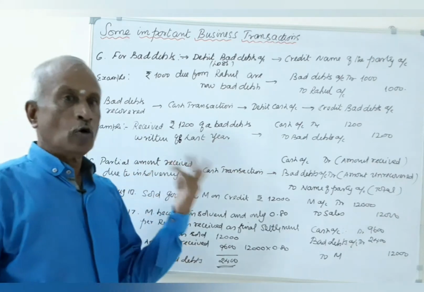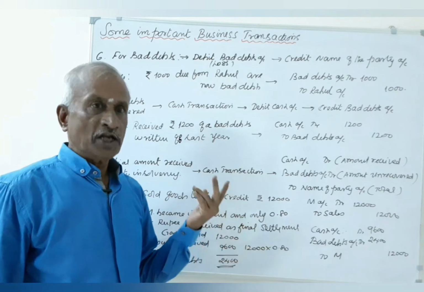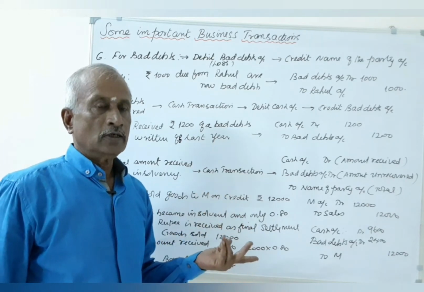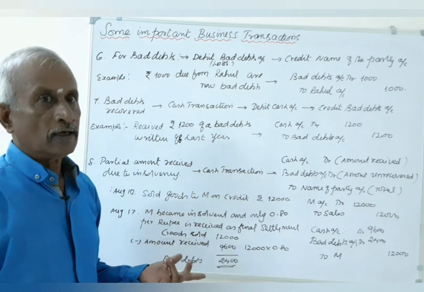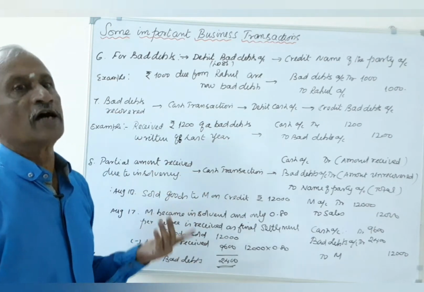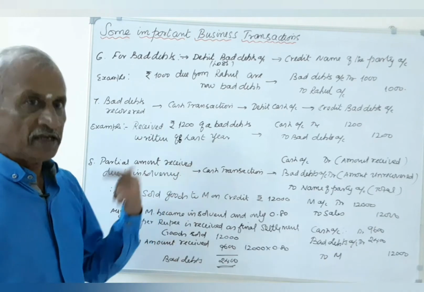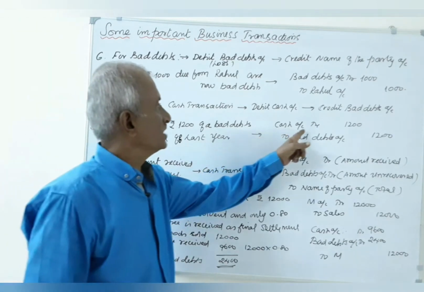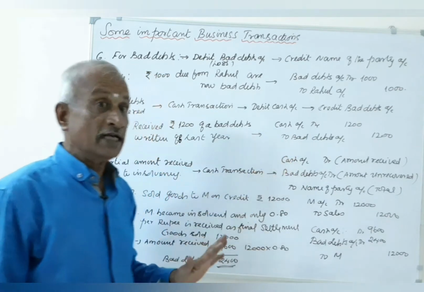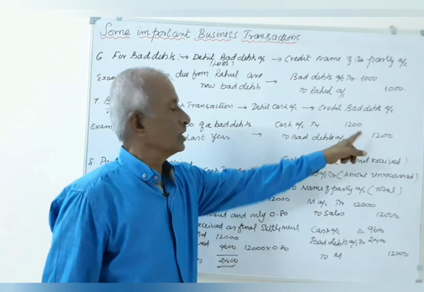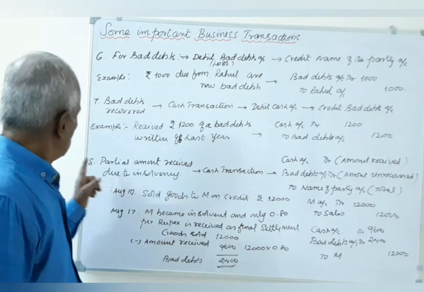Last year an amount has been written off as bad to the tune of 1,200. Fortunately, it has been received in the current year. So you are getting cash, debit cash account 1,200, and you have recovered the bad debts. No bad debts now. So credit bad debts account 1,200.